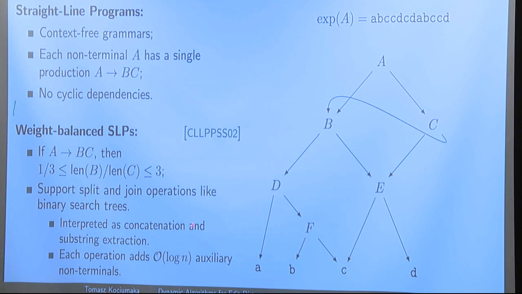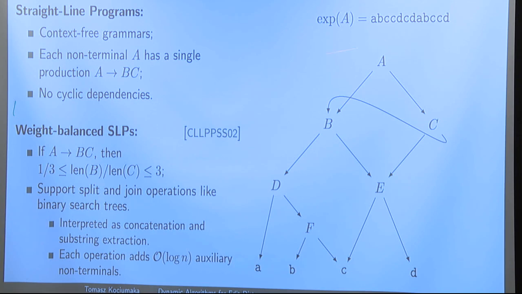So in other words, when you have such a grammar, you can now decide to create a new symbol consisting of the expansion of D followed by the expansion of C. If D and C are of roughly the same length, this is very easy. You can just create a new parent of them. But even if it's not the case, the algorithm of Charikar and others will create some auxiliary symbols, and the root will be something which expands to the expansion of D followed by the expansion of C.